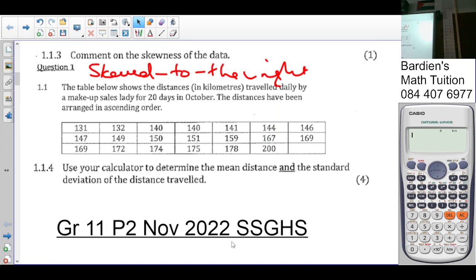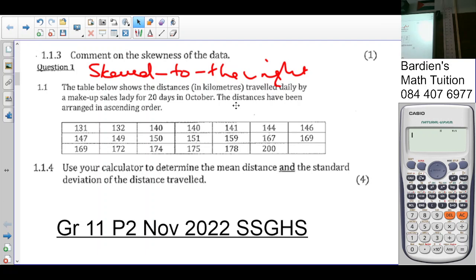So when we work out, since the question is to calculate the mean, so the mean, calculate sum of all the numbers divided by number of numbers. But since the question is for the standard deviation as well, okay, it's only going to make sense to then calculate your mean and your standard deviation using the stats key on the calculator.